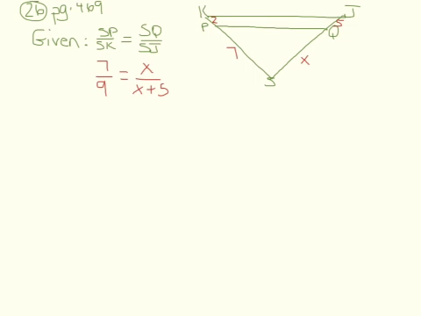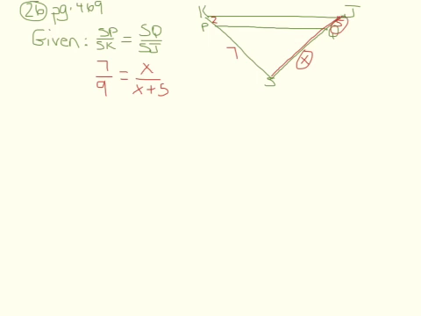The side we're trying to find is SQ, so I'm going to let that be x. SP is 7, SK is 9, because on that side KP is 2, so 7 plus 2 is 9, and then SQ is x, and SJ, I don't know that, but I know that it's x plus this 5.